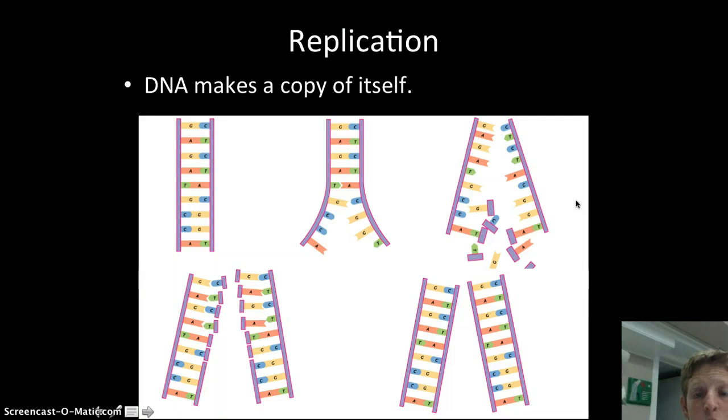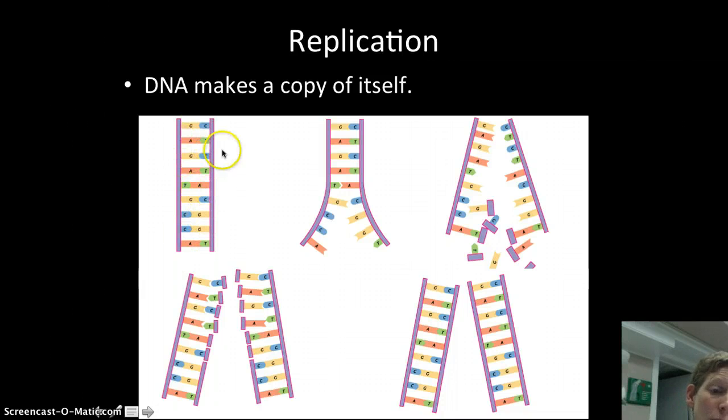And then new bases attach to each side of the original DNA, still with the same base pairing rules. So A with T, A with T, C with G, C with G, and on and on, until you have an exact copy. And you can see here CG, CG, AT, AT, GC, GC. You have an exact copy of your original DNA.